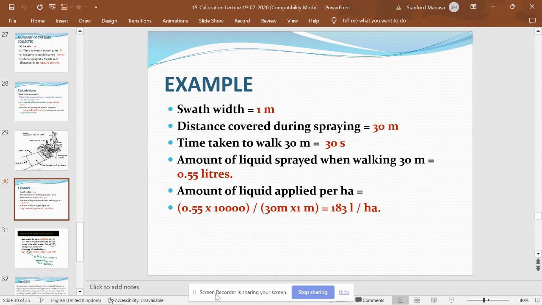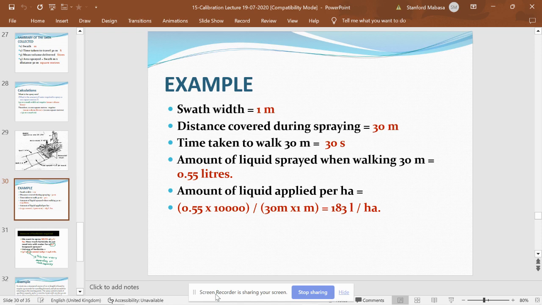Now, an example which we can use: a swath width of 1 meter, distance covered by the spraying 30 meters, time taken to walk 30 meters 30 seconds, amount of liquid sprayed when walking 30 meters could be 0.55 liters.